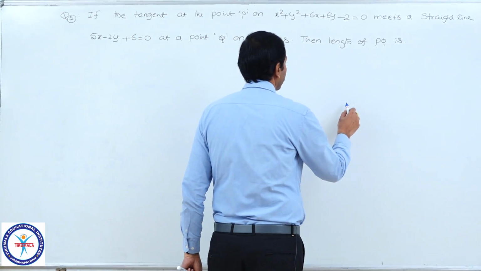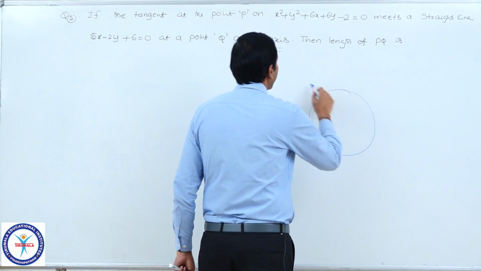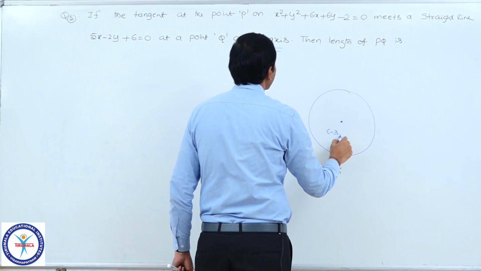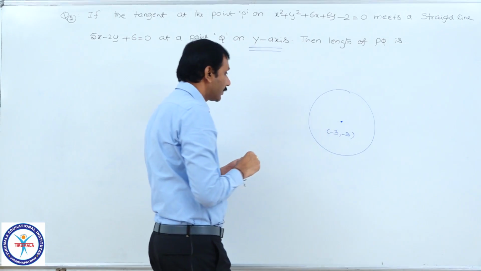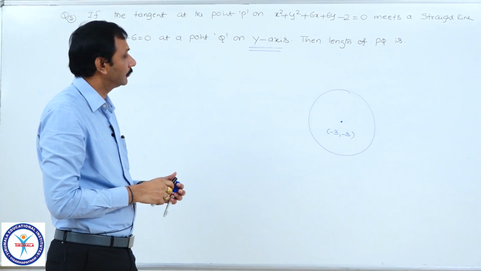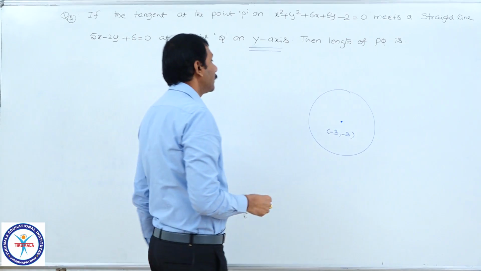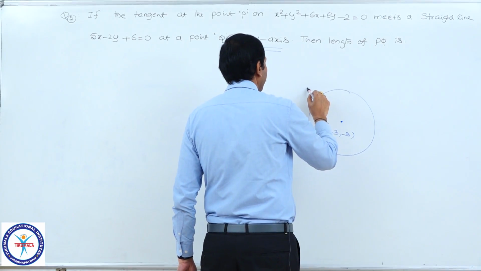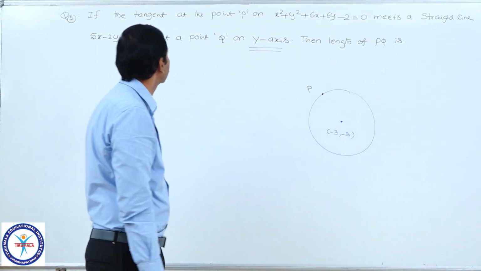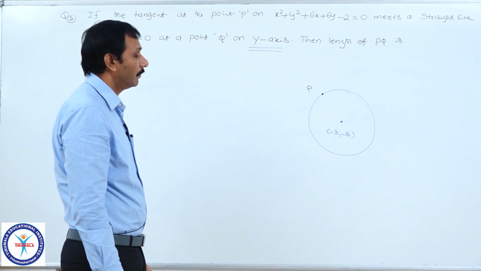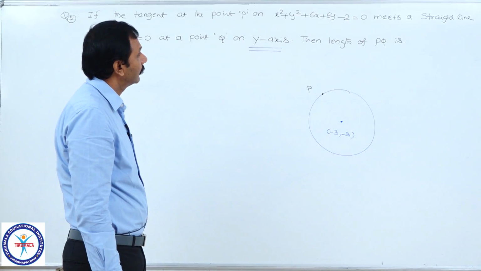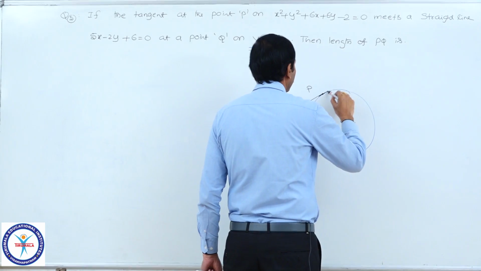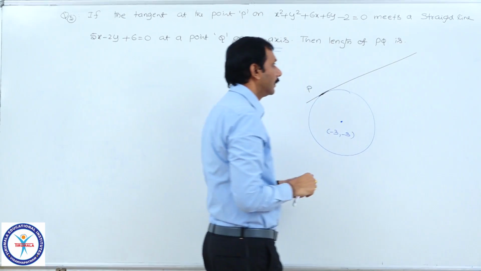Observe this. Suppose it is a circle, center at minus 3 comma minus 3, radius we do not want here. Suppose a point P is there on this one and a tangent is drawn from this point. Yes, it is the tangent.